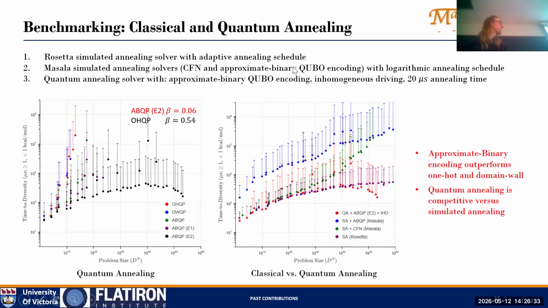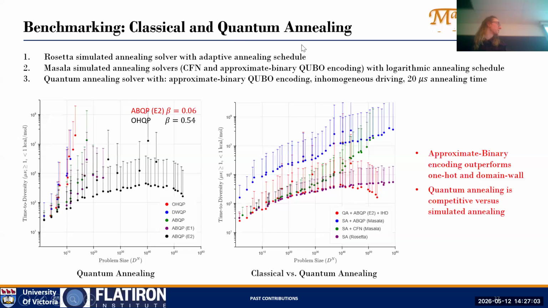To convince myself and convince you all that this actually works, I carried out with Victor Mulligan at Flatiron a benchmarking study on 6,000 protein design problems, where we used both D-Wave's Advantage 2 quantum annealer and 3 different simulated annealers. The first classical simulated annealer is the Rosetta simulated annealer with an adaptive annealing schedule.